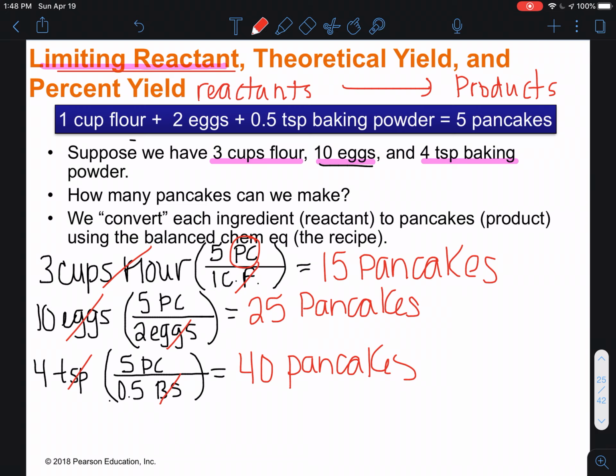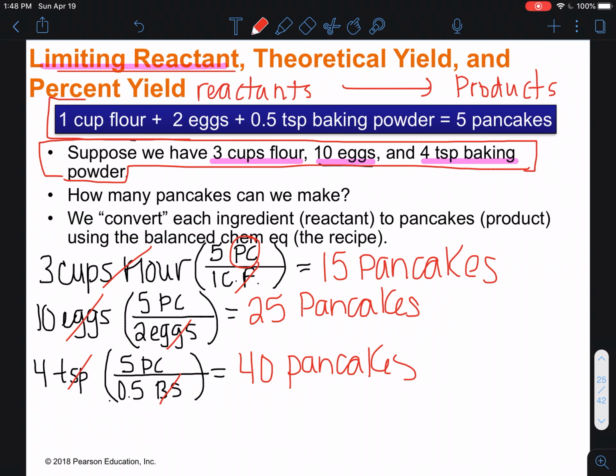Okay, so again, you have two things. You have what you start off with, and then you have the balanced chemical reaction. And those two things will help you determine the limiting reactant, right?